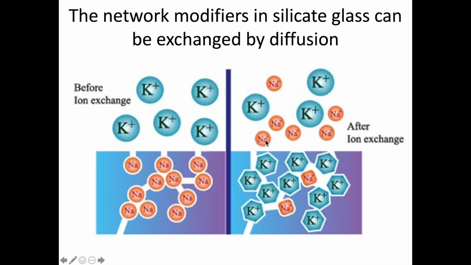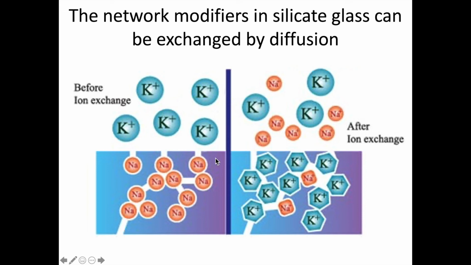If it's not allowed to relax, then it will compress this area. So when it exchanges, the area around it is in a compressive strain. That's the idea here. It has to involve an ion in the glass that is relatively small compared to the ion being exchanged in the liquid solution, like the nitrate. That's the case with ion exchange.